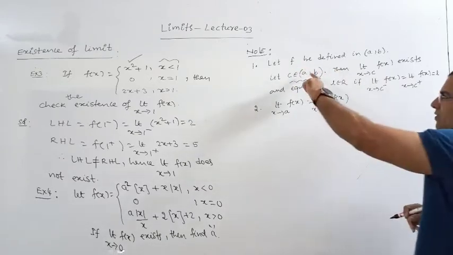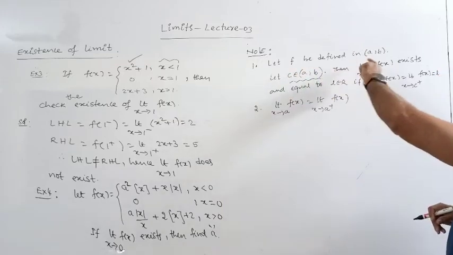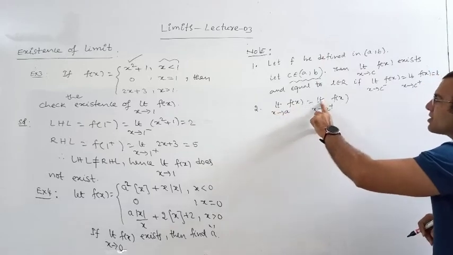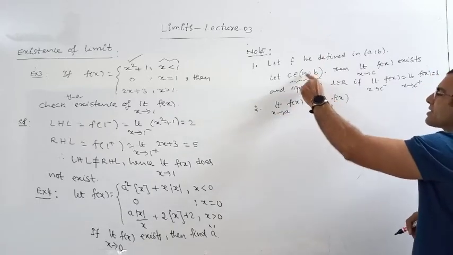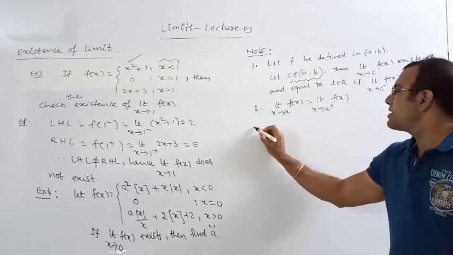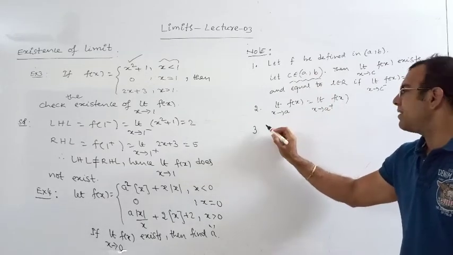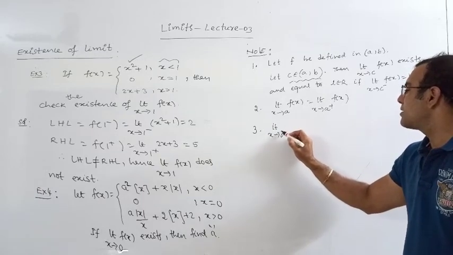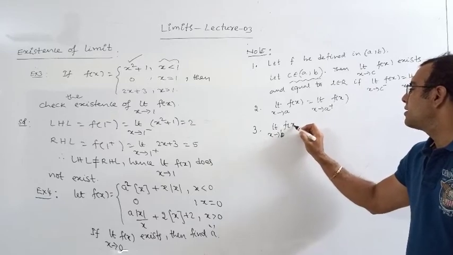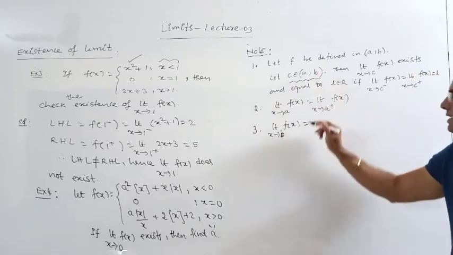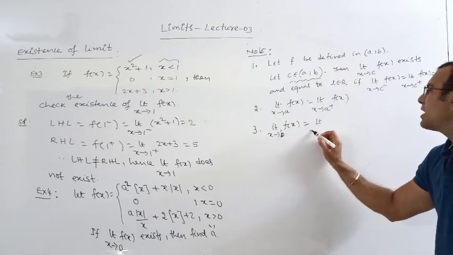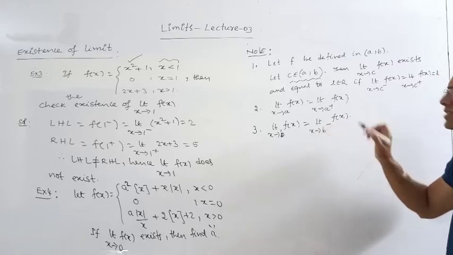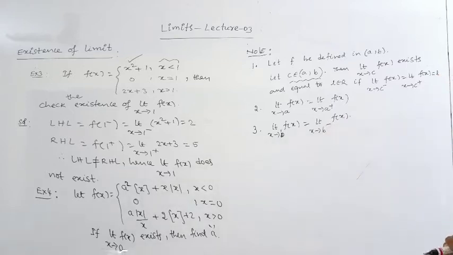There is no graph on the left side of a. Let f be defined in [a, b]. X tends to a, f of x means you have to take the right side of a. You need not think about the left side of a. Let us take b. So we are on the left side of b, so we have to discuss only x tends to b minus of f of x.